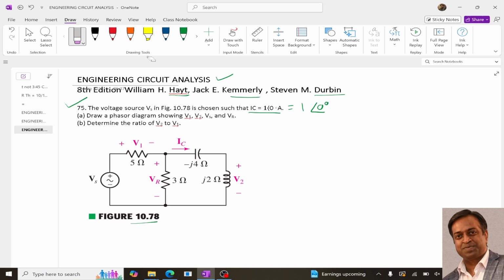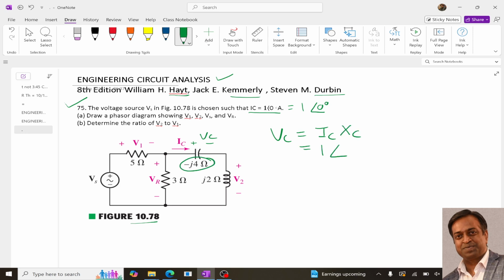Here IC is given, so we can determine the voltage across the capacitor. VC will be IC into the impedance XC.